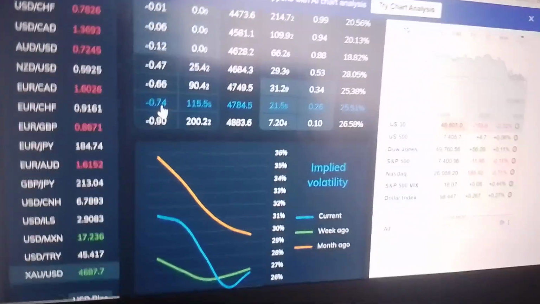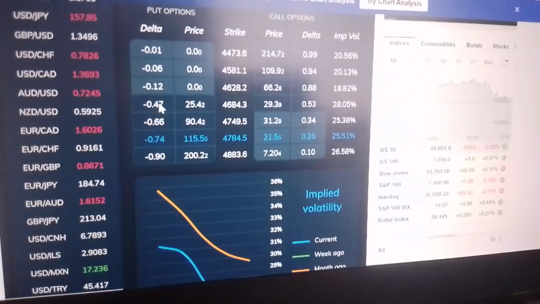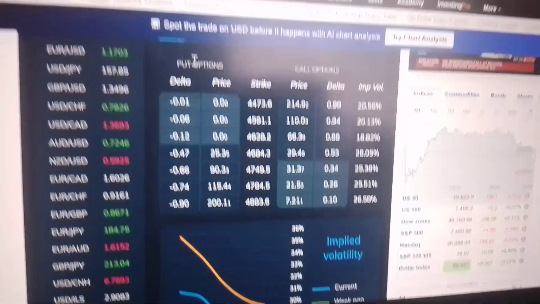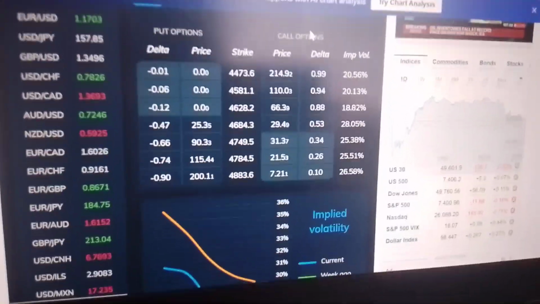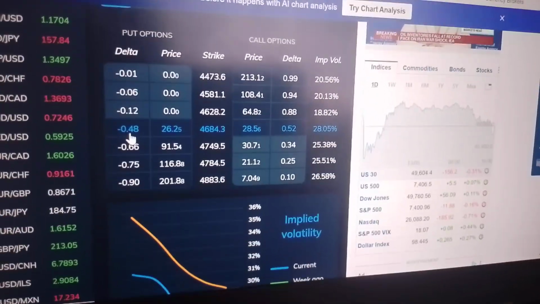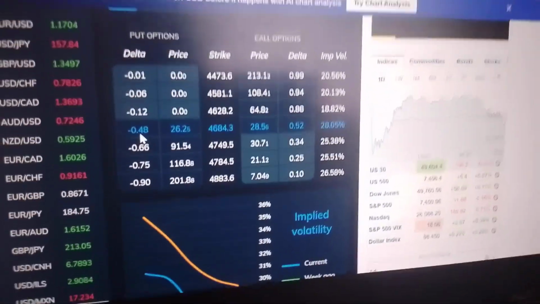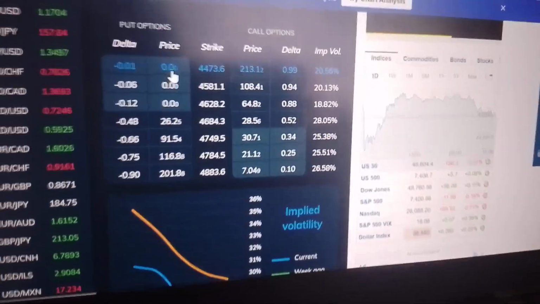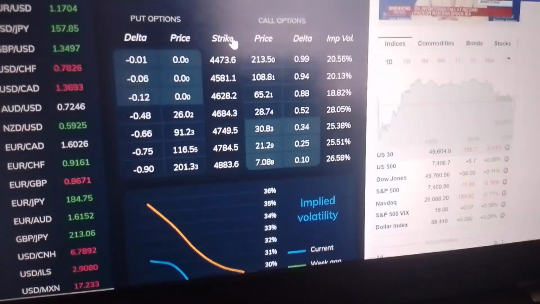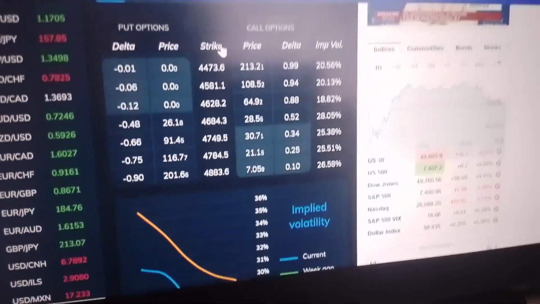Let me educate you on something here. We have put options and call options. Put options are for downward speculation, call options are for upward speculation. We have delta, which represents how sensitive the price is to that zone. We have the price at that specific zone. This is the strike, a place where orders or dealers are willing to hedge, to buy or sell.